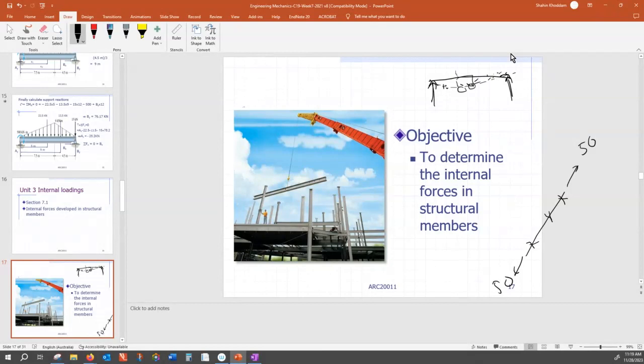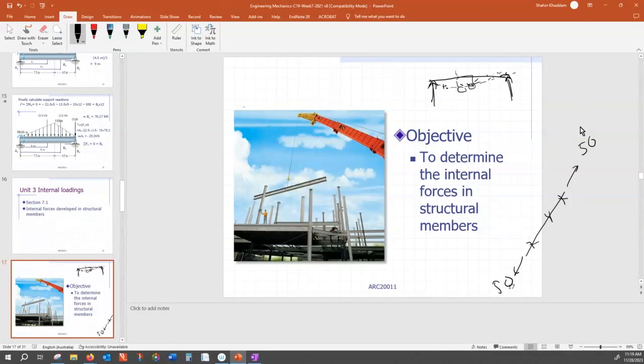That being said, the second challenge is that the internal forces change from point to point. It's not uniform, it's not constant. So you have to investigate all points within the beam to find out which point is the critical one, and when you find it, it's easy to fix.